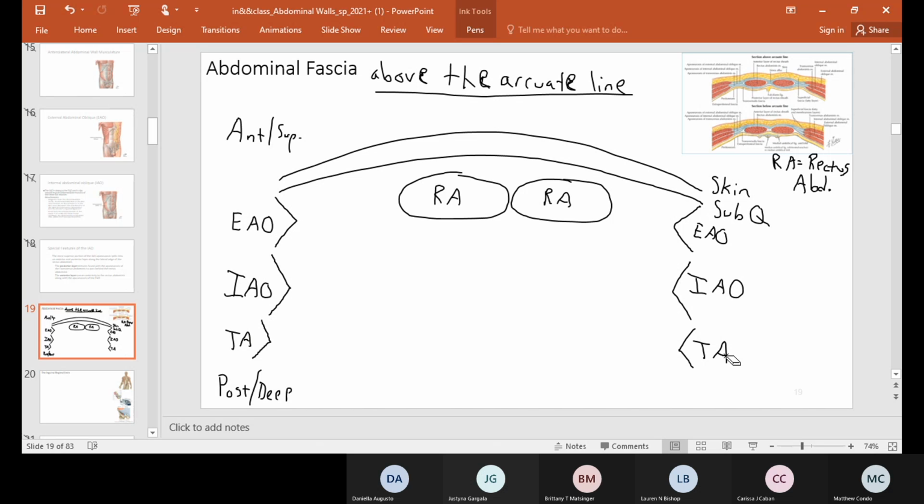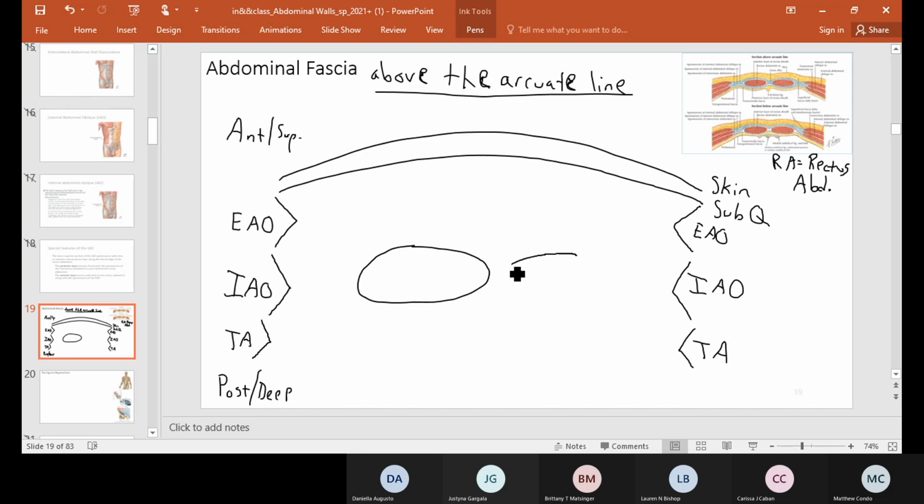And in fact, one change here. I'm going to put my rectus abdominis back a little bit more. Apologize about that. So what I'm going to see is that if I am higher than, superior to the arcuate line, and remember what that arcuate line is. The arcuate line is that spot where the muscle fibers start to arc a little bit. We kind of talked about that on Wednesday.